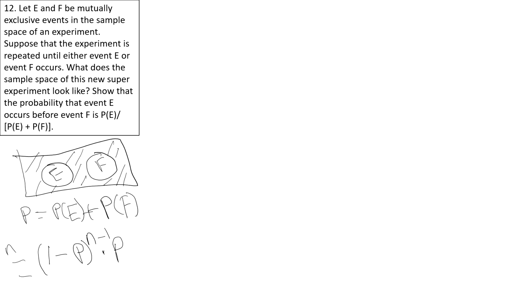This can go to infinity as well, because the experiment keeps on repeating for infinite time, so it has an infinite sample space. I'm not touching on that because it is very obvious here.